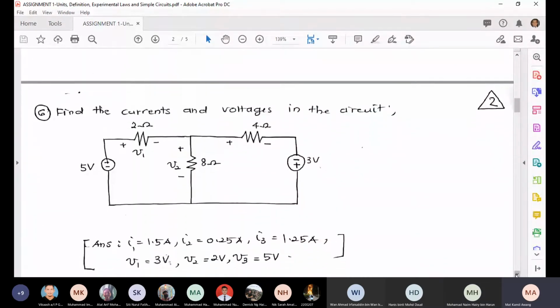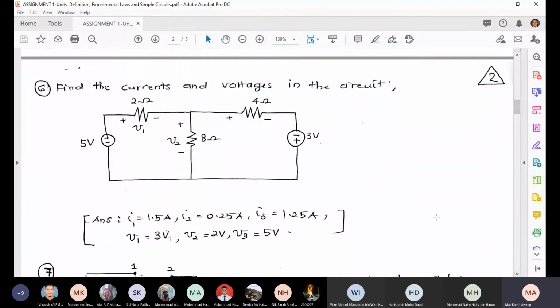This one you need to do some calculation on your own. Find the currents and voltages in the circuit. Can you see my screen? So you have a 5 volt voltage source, a 2 ohm resistor, an 8 ohm resistor, a 4 ohm resistor, and a 3 volt voltage source.